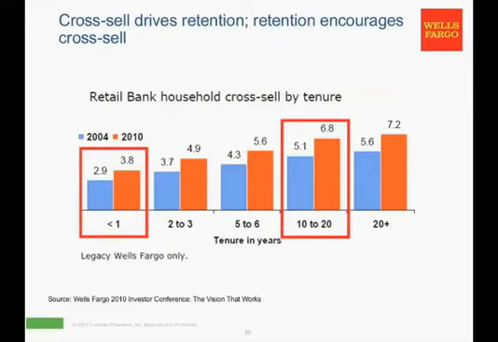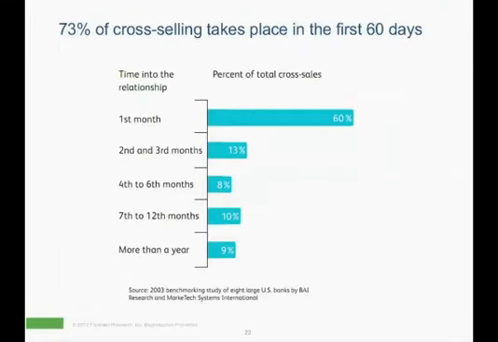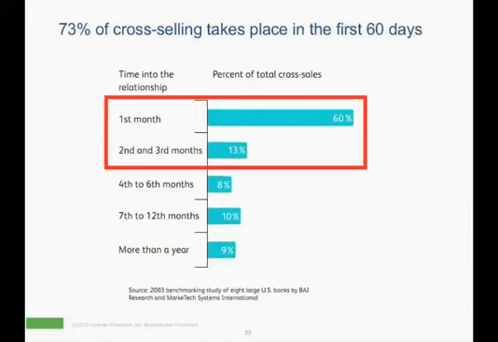So cross-selling is extremely important, as is onboarding initially, to retention. So it's amazing how all these concepts kind of play together. But cross-selling is also important, and why onboarding is so important related to it is that a lot of the cross-selling happens early on. In fact, we see that 60% of the cross-selling that is done typically happens within the first month.